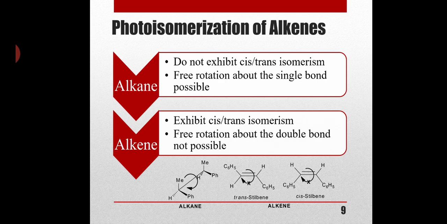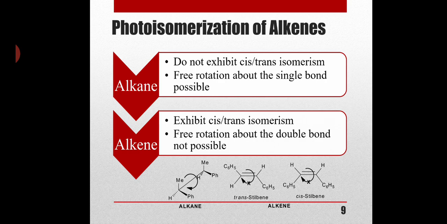Before going to the details of photoisomerization, let's understand one thing. Alkanes do not exhibit cis-trans isomerism, as free rotation around the single bond is possible.